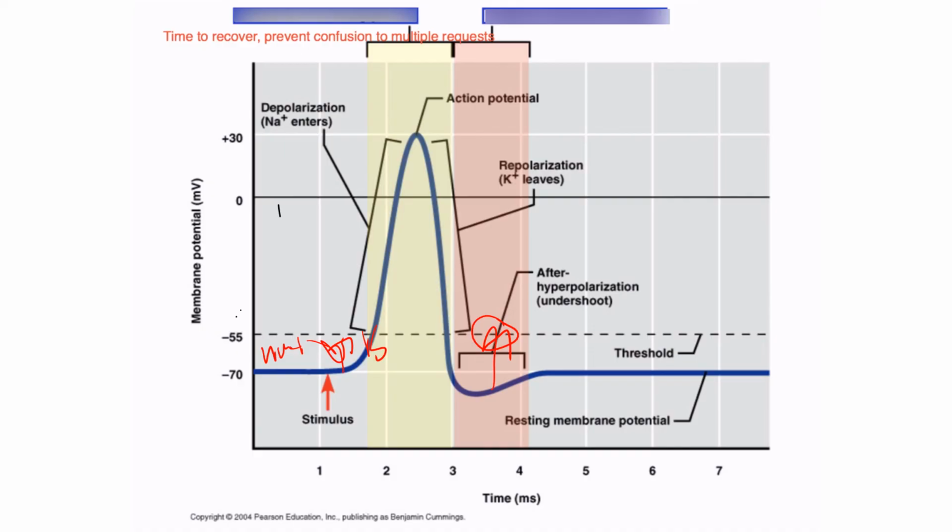But it's much harder to actually get to threshold and generate an action potential compared to normal circumstances, because it's harder to get to threshold during the relative refractory period.